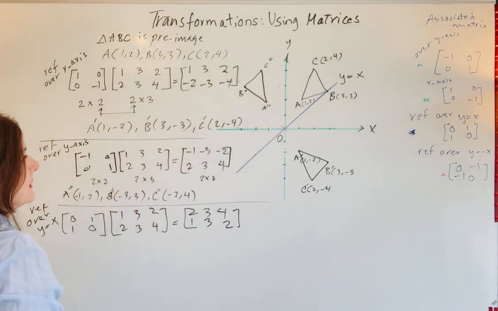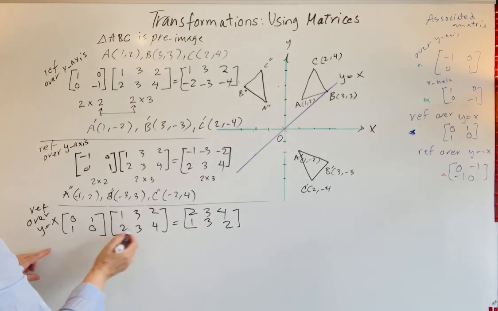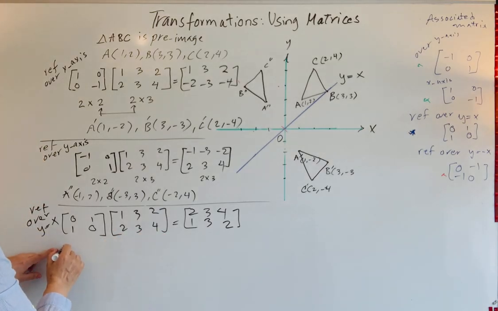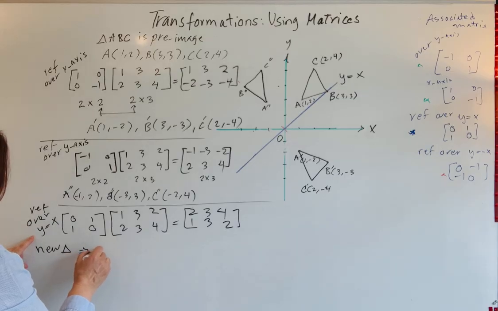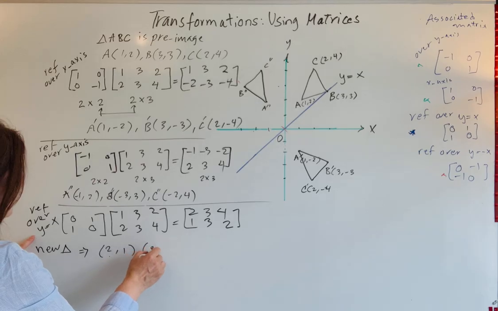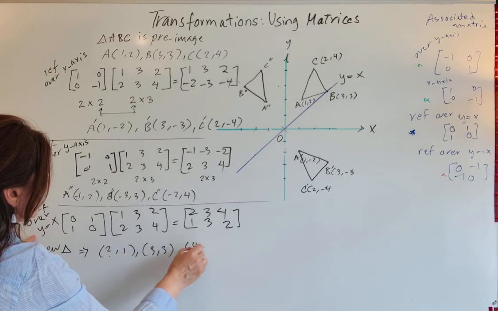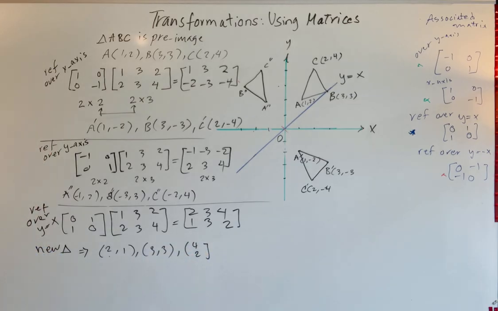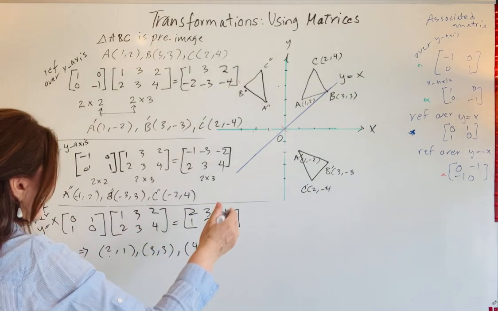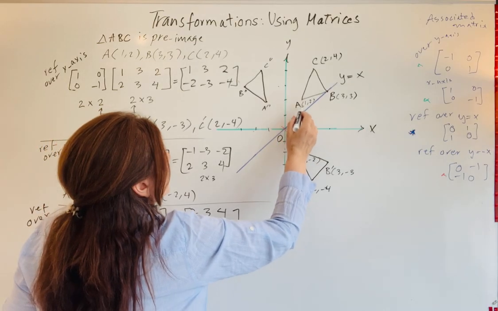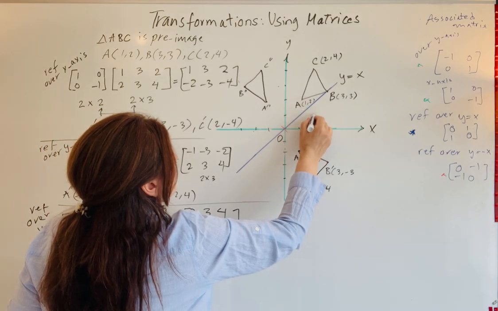The new triangle gets 2, 1, 3, 3, 4, 2. Yes, everything changes. It was 1, 2, it gets 2, 1.